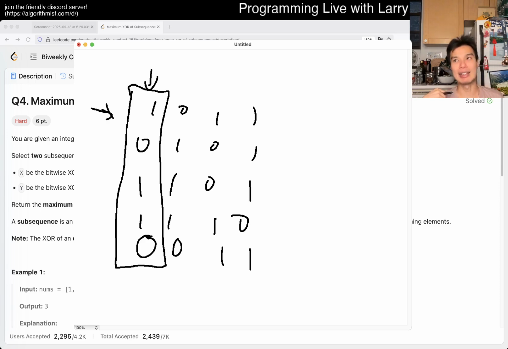And that means that for that bit there's no choice, because whether that bit is a 0 or a 1 depends on another bit.